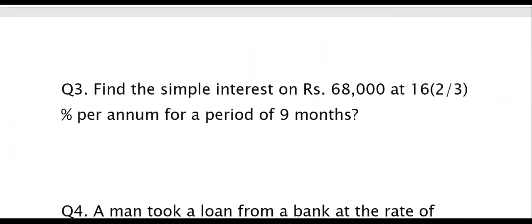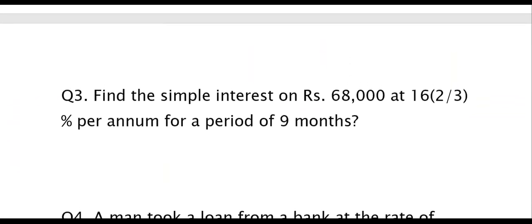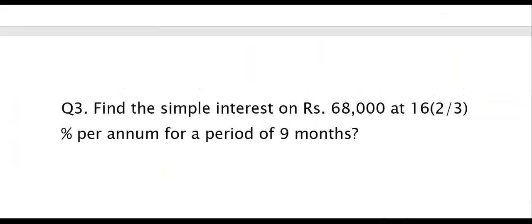Find the simple interest on 68,000 at 16 2/3% per annum for a period of 9 months. This is the question. 68,000 is the amount, and the interest rate is 50 divided by 3%.